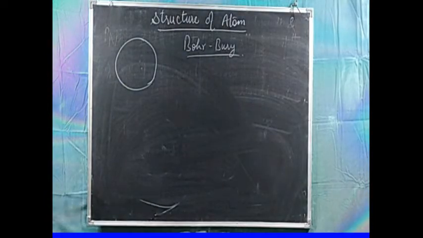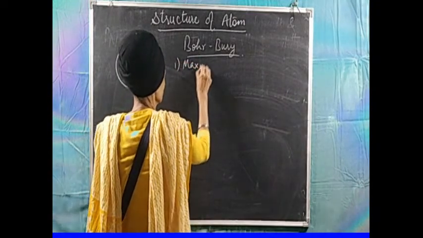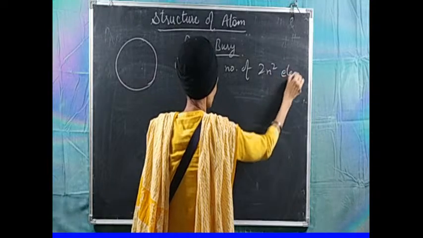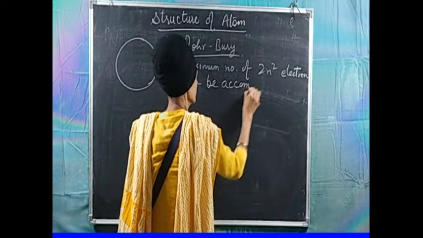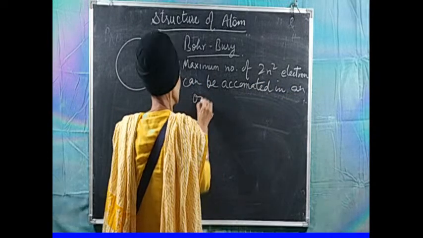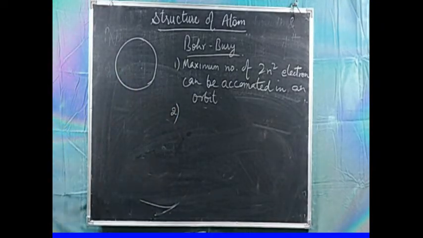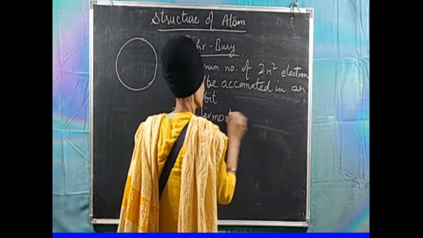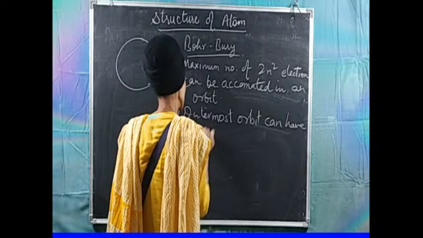According to these theories, the maximum number of electrons that can be accommodated in an orbit is 2n square. Secondly, the outermost orbit can have a maximum of 8 electrons.